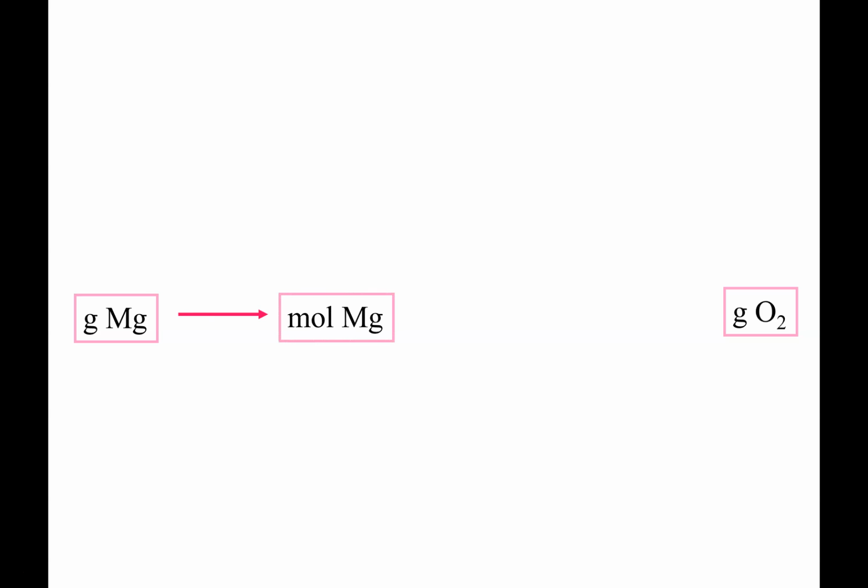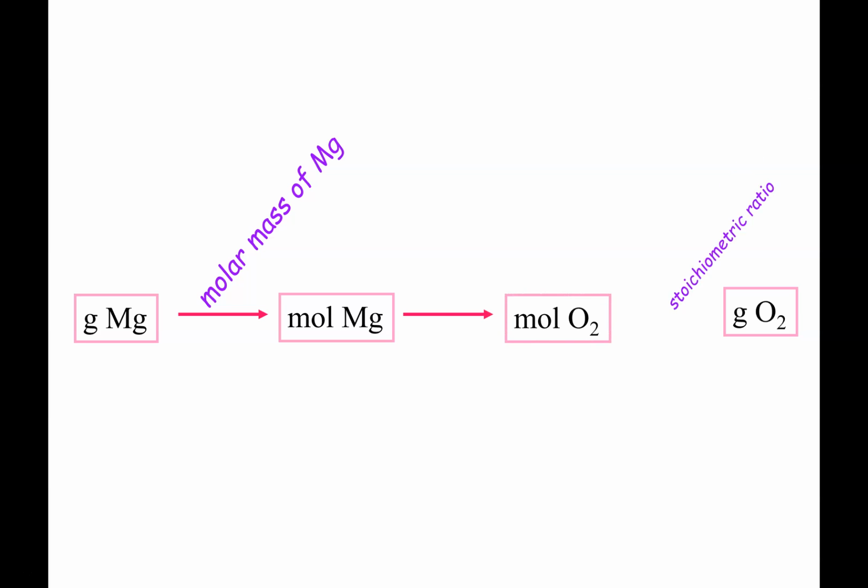You have to go to the moles of that thing, and we've been talking about how you do molar mass. Once you have the moles of the thing you know, then we're back to the problem you guys just did. We can go to the moles of the thing we want to know about, in this case, moles of O2, using that ratio from the balanced equation.